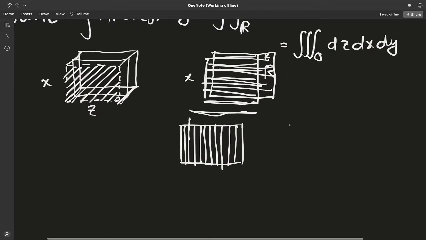You're first doing a dz, so you have like these length elements along with, after you're done with the z, then you start adding the x component or x dimension to these lengths.